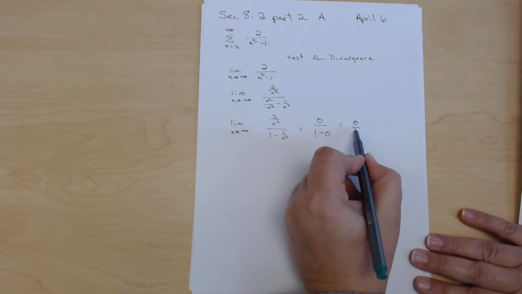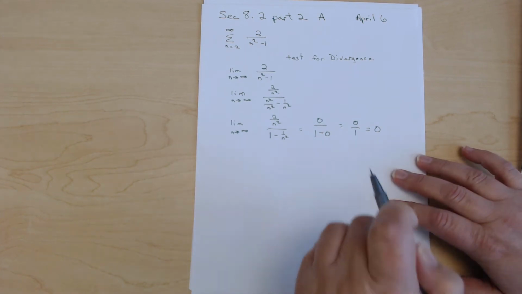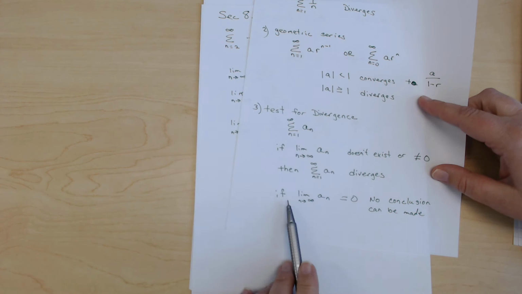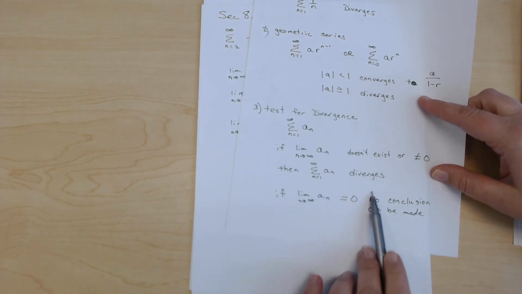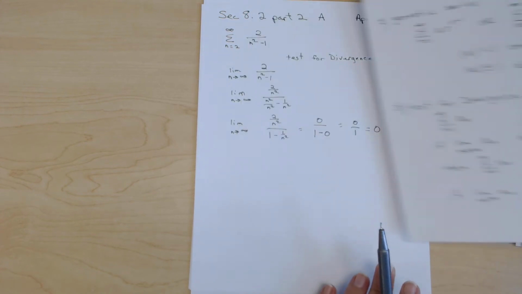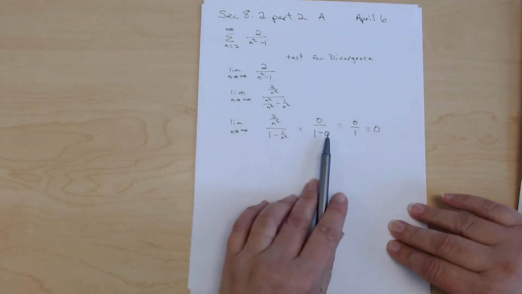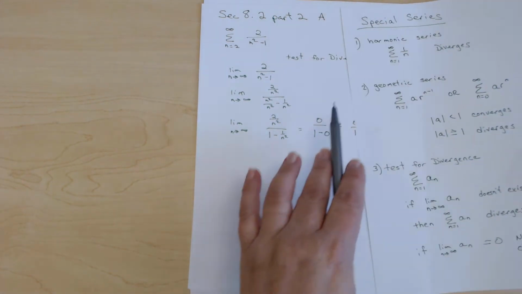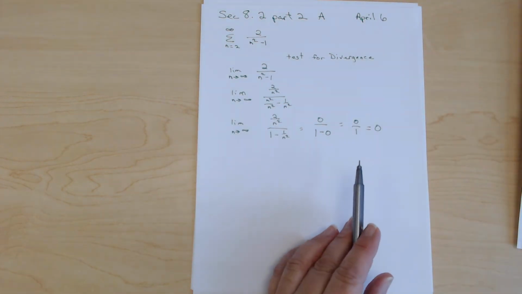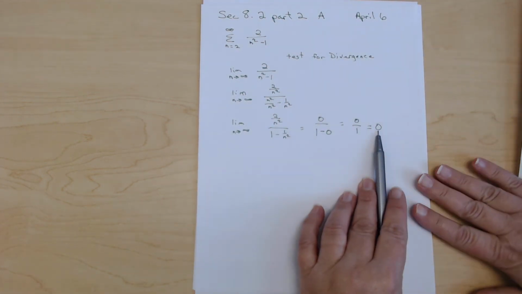So we get 0 over 1, which equals 0. And what's the bad part about that? The test for divergence, remember, if the limit equals 0, no conclusion can be made. So, and that's going to happen sometimes. I'll try to steer you in the right direction all the time, but I just wanted you to see out of our 3 choices, this was the only applicable one, and that one didn't even work. Because if I get an answer of 0, it tells me absolutely nothing.